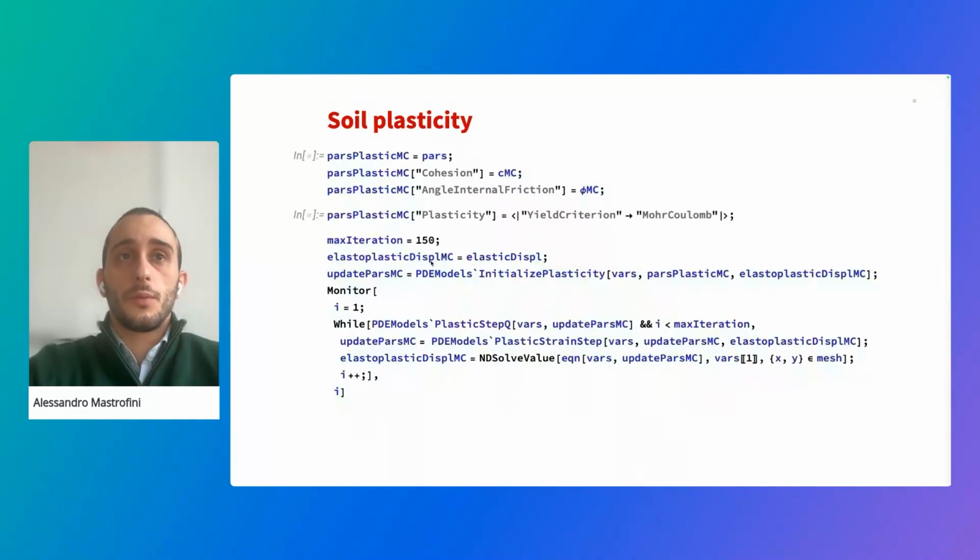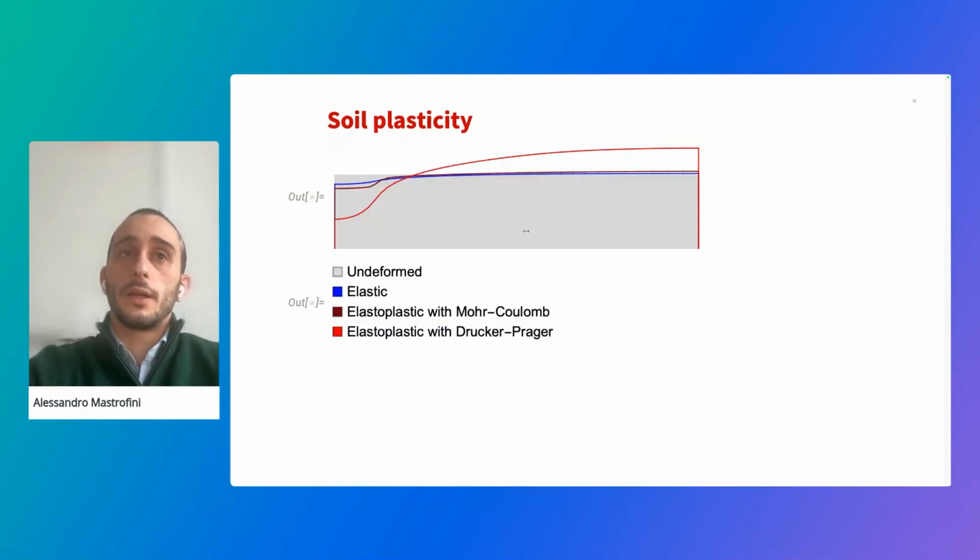So what we can do is once again set up the different criterion. We need to set up a material parameter and also the new criterion. We can do Mohr-Coulomb, we can do Drucker-Prager, and then we can observe the final deformation. Now, don't be scared by this very large deformation.